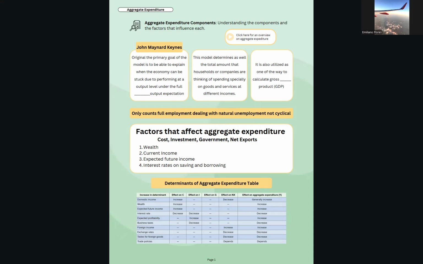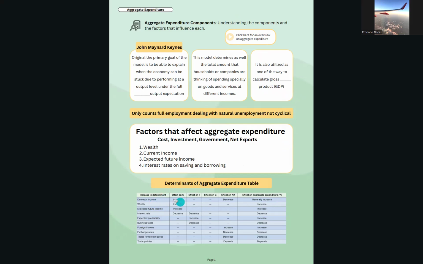As well, if we look at the determinants of aggregate expenditure table, we start with domestic income. If we see an increase in consumption and an effect on net imports, we see a decrease in net exports. We generally see an increase in aggregate expenditure, which helps us understand how GDP continues to either increase or decrease.